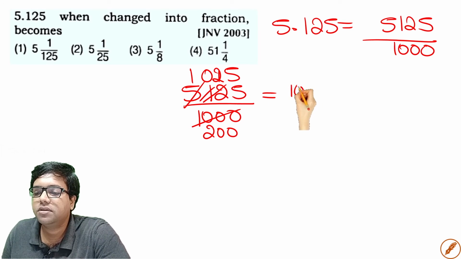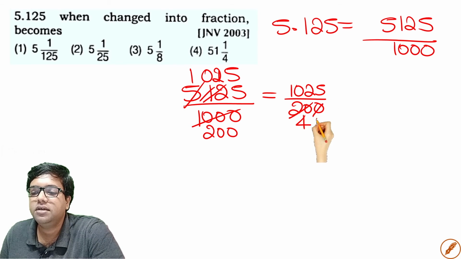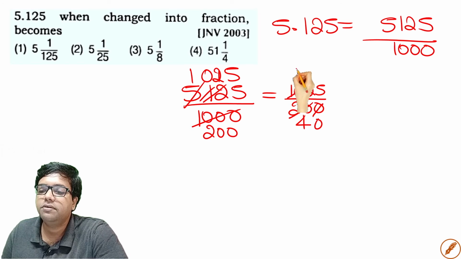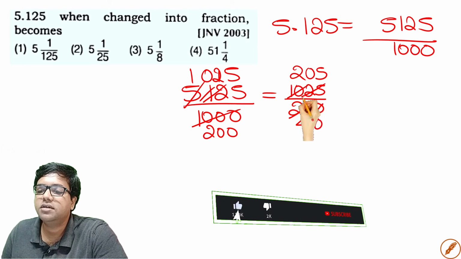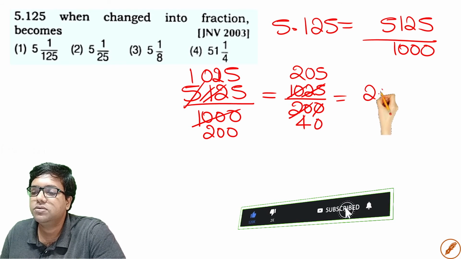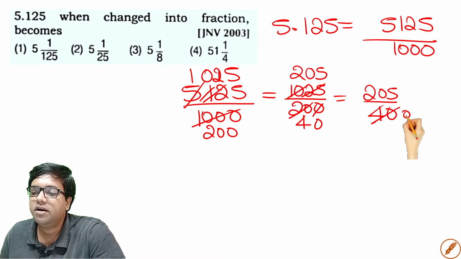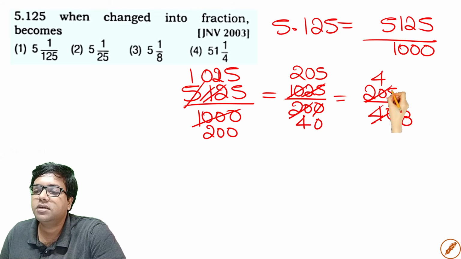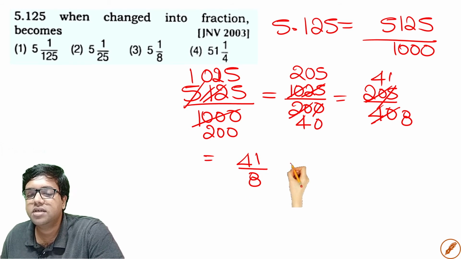You are left with 1025 by 200. This can also be further divided by 5. 5 4s are 20, 5 2s are 10, 5 5s are 25. Okay, 205 by 40. Again, this can be divided by 5. 5 8s are 40, 5 4s are 20, 5 1s are 5. So this gives us 41 by 8.